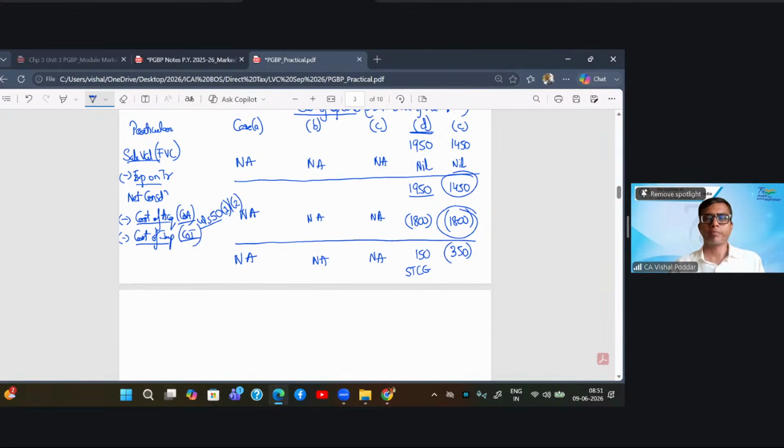So 350 is logically your loss, which will be called a short-term capital loss. And that is how the closing WDV of the block will now be nil, because this 350, whatever was the balance, is now your short-term capital loss. You agree to this? You understand this?